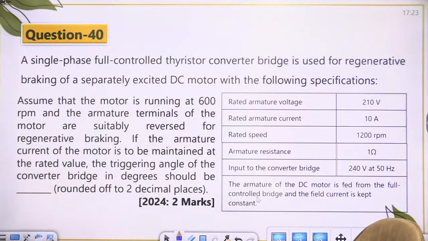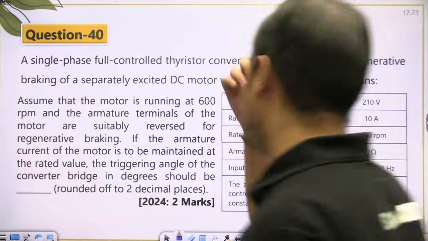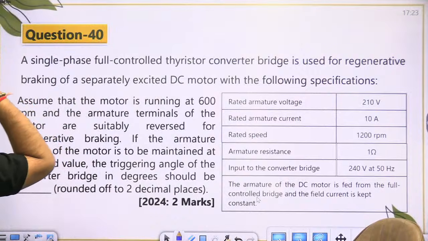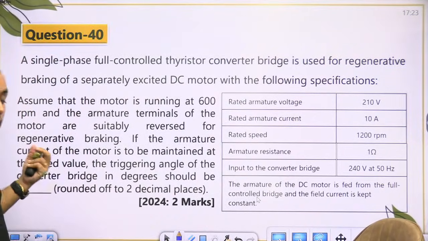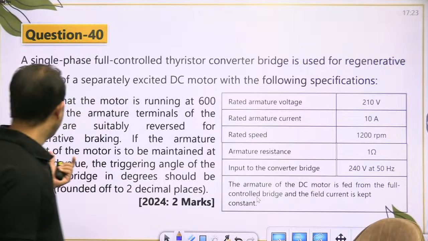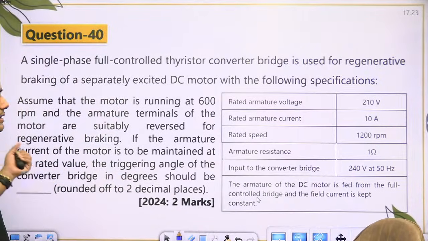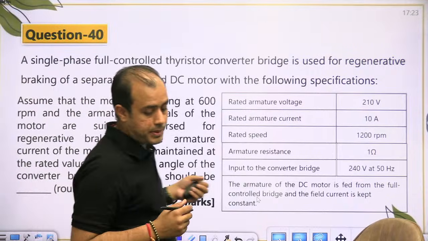So the rectifier has to act like an inverter and convert DC to AC. Now motor is running at 600 RPM and the terminals are suitably reversed for regenerative braking. Armature current is at the rated value, that is 10 ampere.